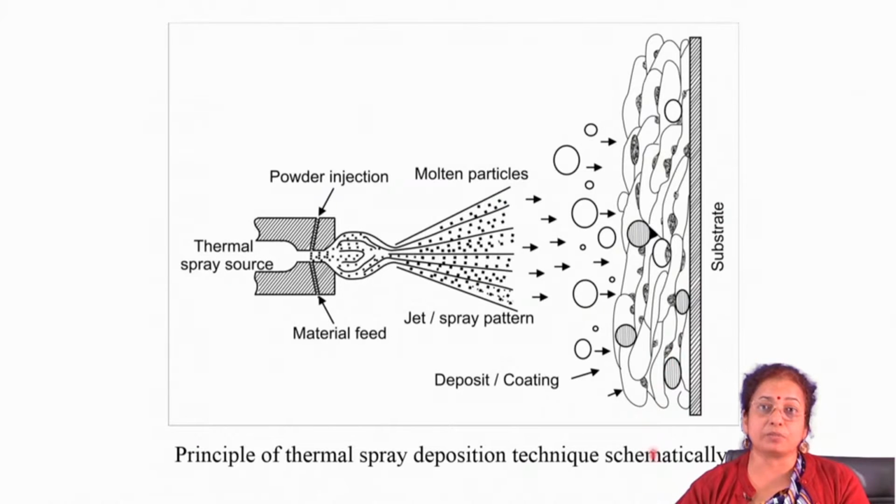and subsequently sprayed over the surface of the substrate. Now, the parameters in this particular process are the nozzle to substrate distance, the velocity of the spraying, the kind of heat source you are using for spraying, as well as the powder particle size. These parameters play a very important role in determining the microstructure as well as the composition distribution of the coated layer and subsequently its properties.